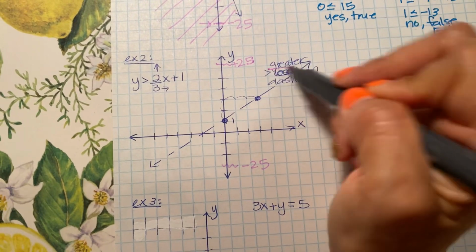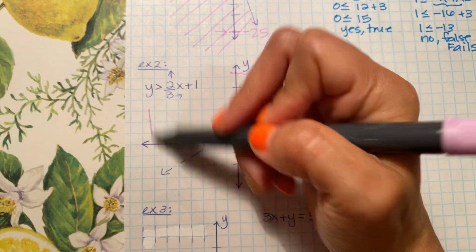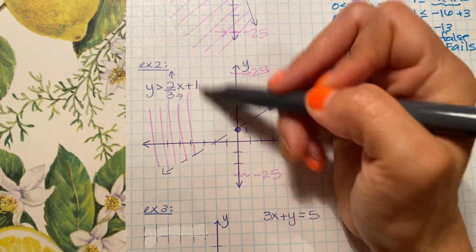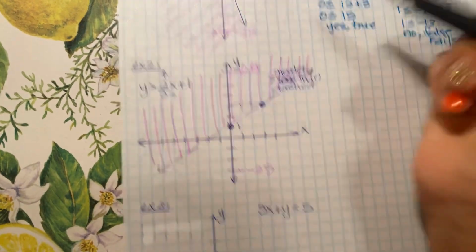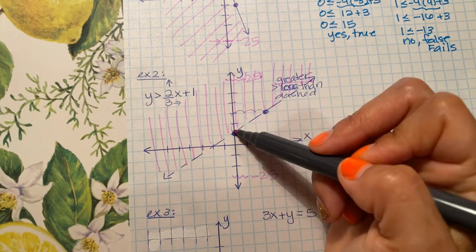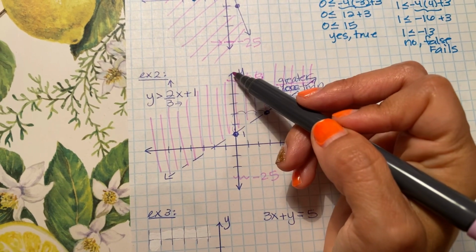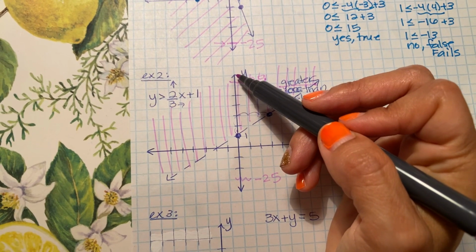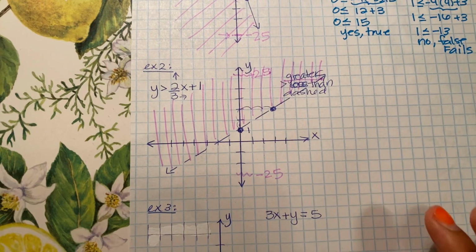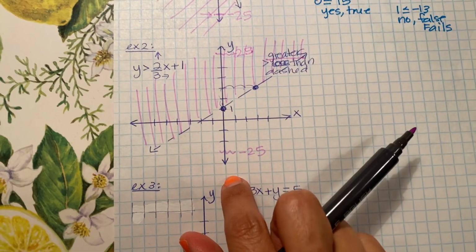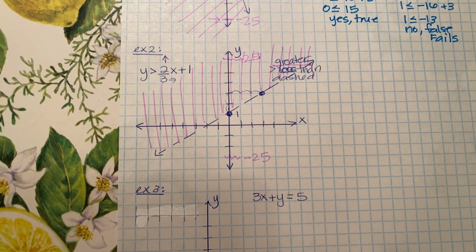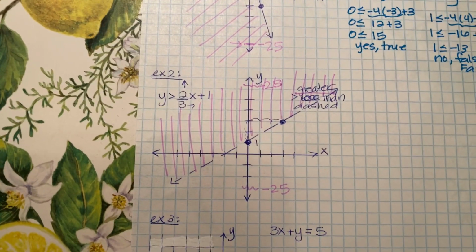So if I want greater, I'm going to shade above this dashed line so that I activate the more positive part of the y axis. Whereas if I shade down, I'm going to get more and more negative y. Okay, so now how do you prove it?